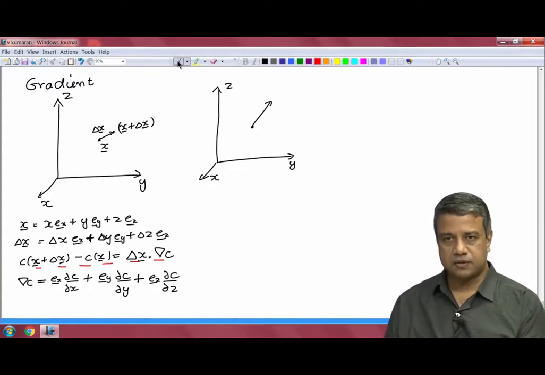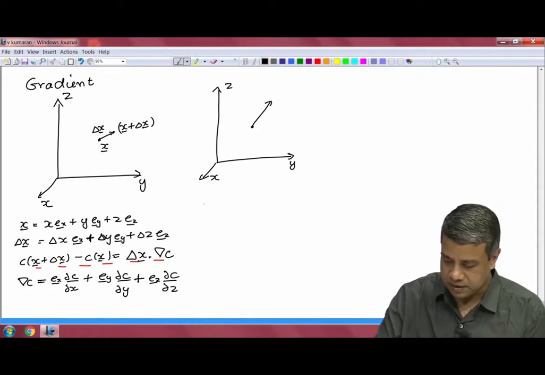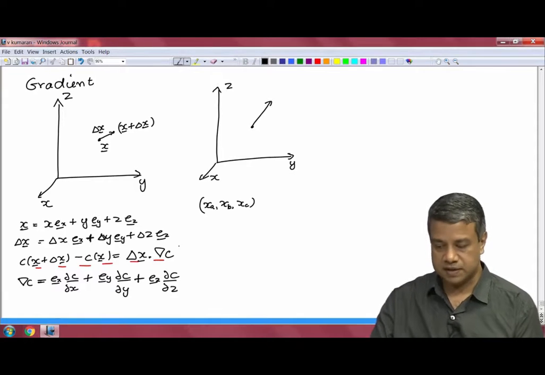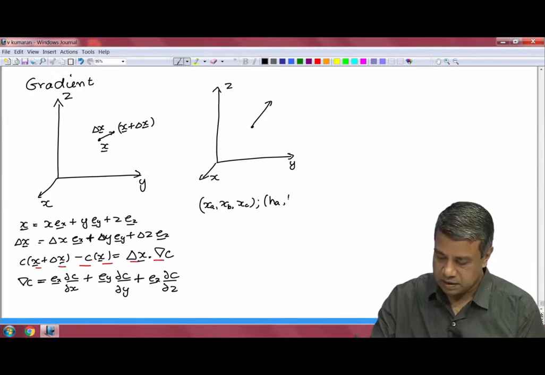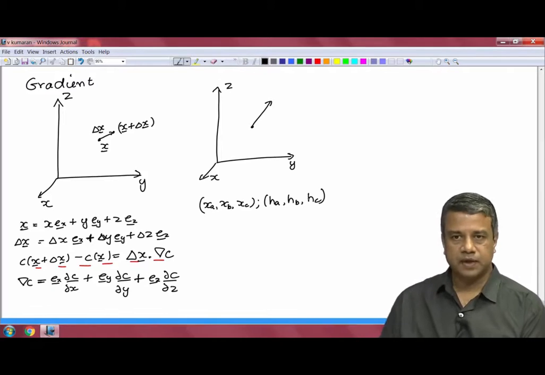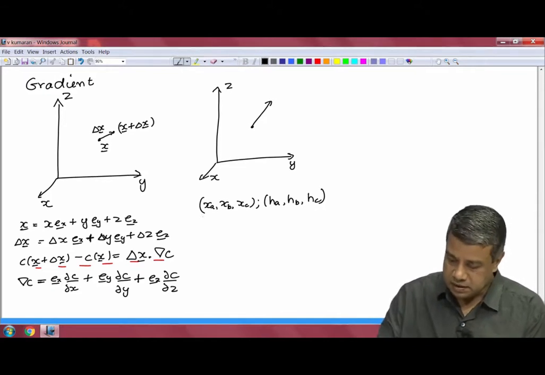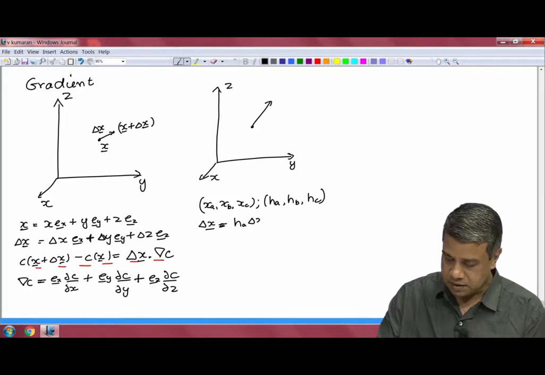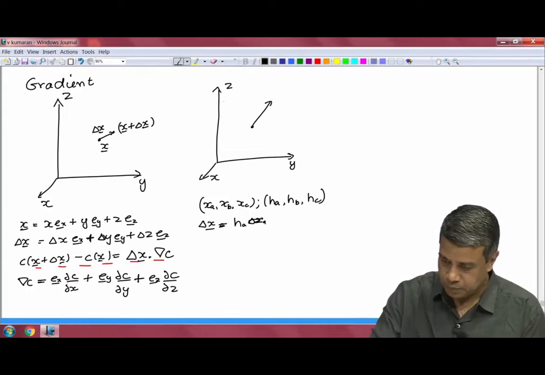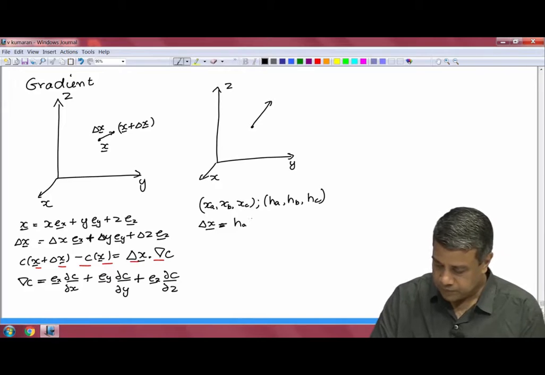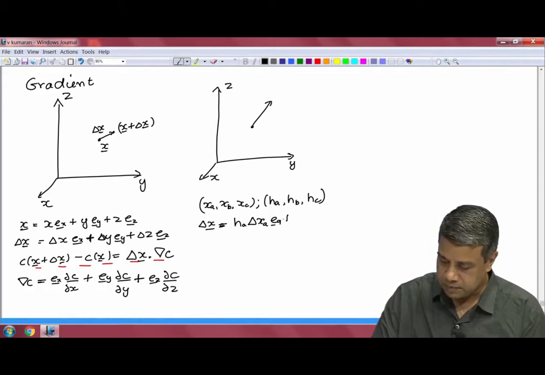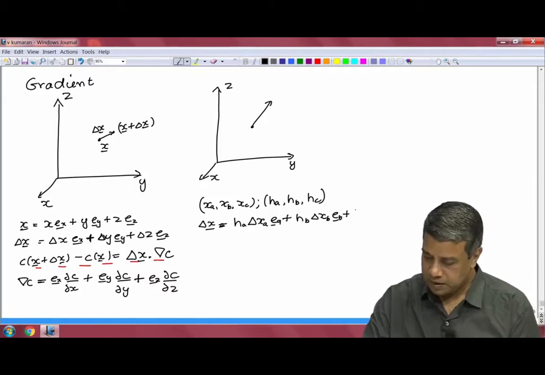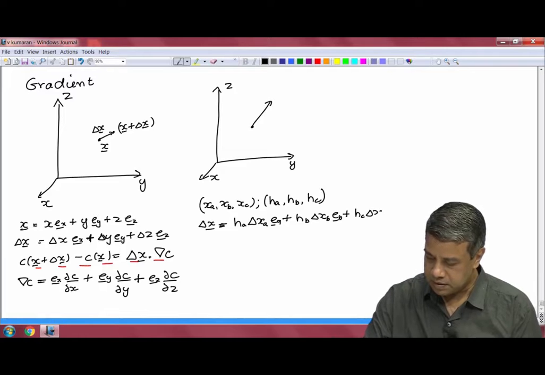Now, in some other coordinate system, if I had a coordinate system x a, x b and x c as the coordinates, r theta phi say, with scale factors h a, h b and h c, then this delta x vector is equal to h a delta x a E a plus h b delta x b E b plus h c delta x c times E c.